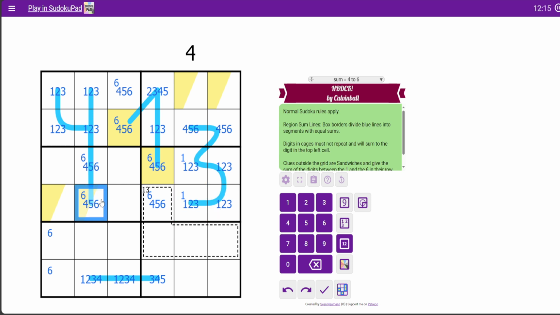4 5 6, 4 5 6. If we have 1, 2 and 3, all of them here, which is 6, at least one of them will go there.